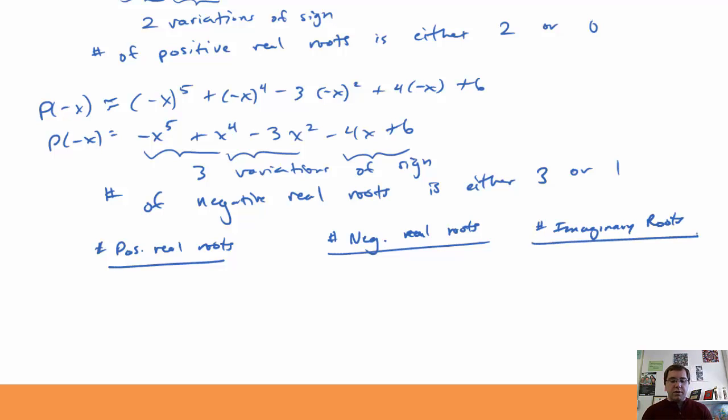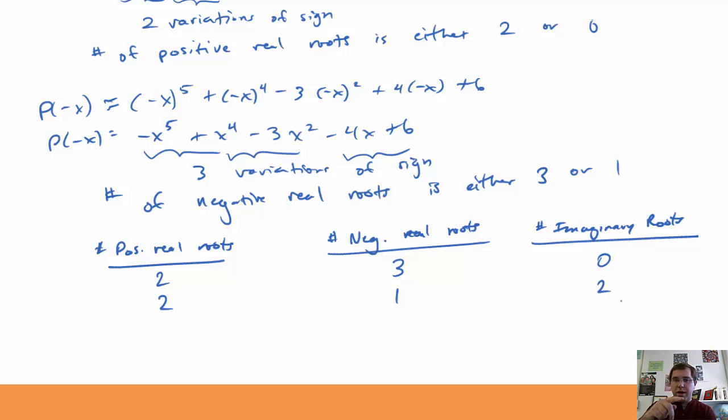The degree, that was 5, tells me each row of this table must add up to 5. Okay? So one option for the number of positive real roots was 2. If I have 2 positive real roots, that leaves 3 other ones. They could all 3 be negative real roots. That was an option. That leaves no imaginary roots. So that's one option. The other option is I have 2 positive real roots, and let's say I have 1 negative real root. Okay, that's 3 total. That leaves me with 2 imaginary roots, and that's fine.